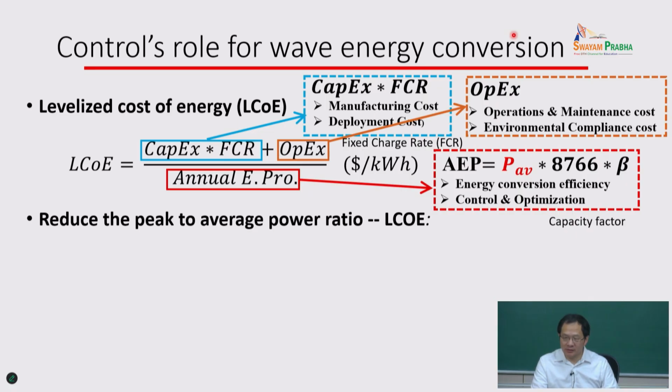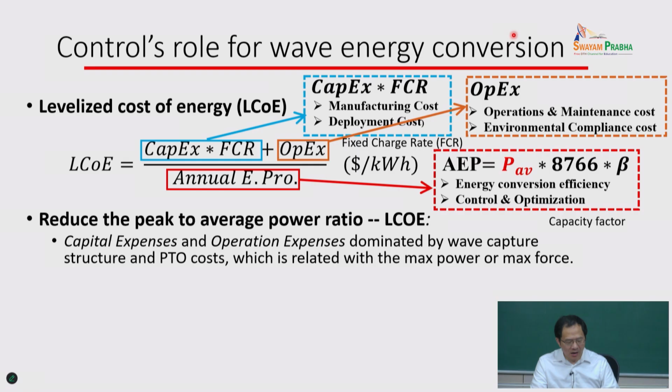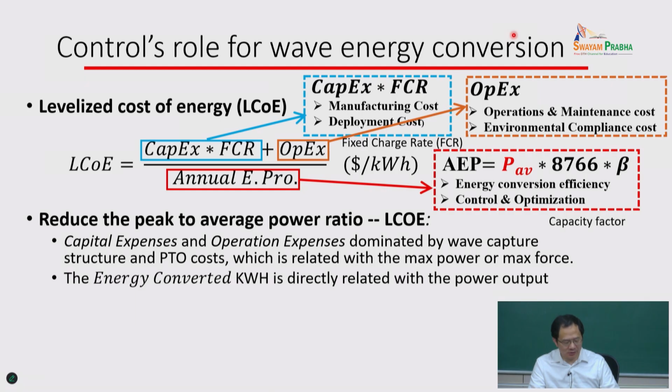For a 100 kilowatt device, you need to design for 1.5 megawatts peak power, right? Now you can use control to reduce the peak to average ratio. Since all the structures and power electronics are designed for the maximum load, not for the average, if you can reduce the peak, you can reduce the cost.